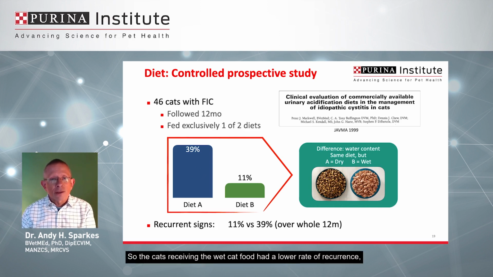So the cats receiving the wet cat food had a significantly lower rate of recurrence of signs of cystitis. Both of those diets were urinary acidifying diets, so they were formulated in a similar way, not identical, but similar, and the wet diet produced significantly better results.